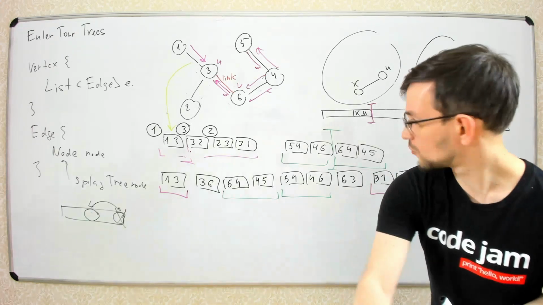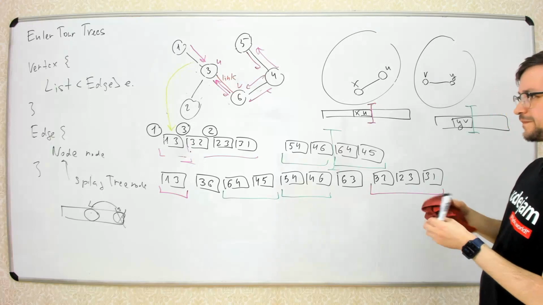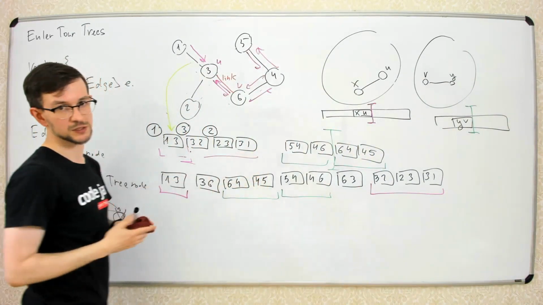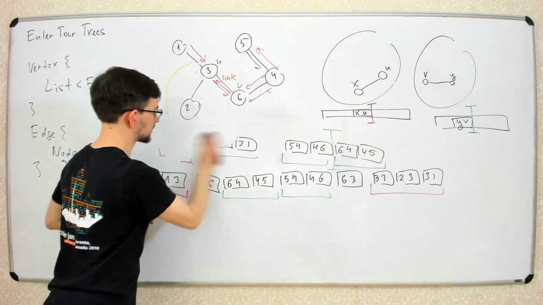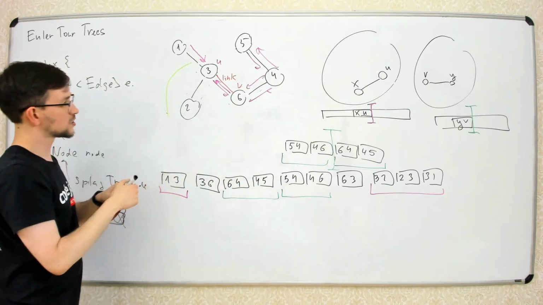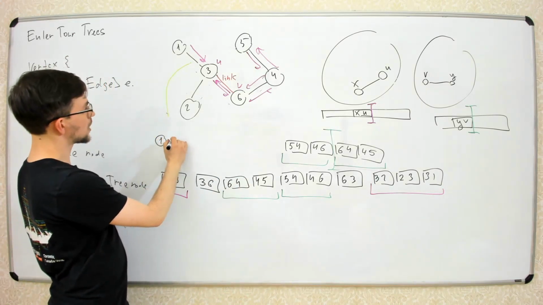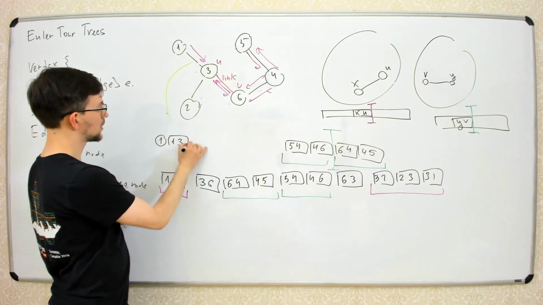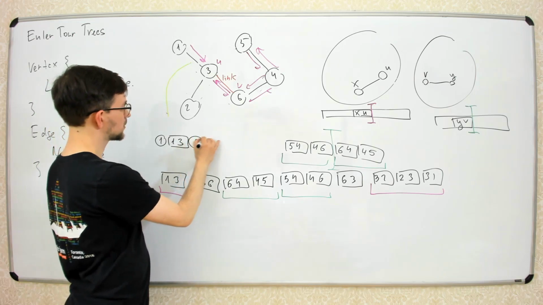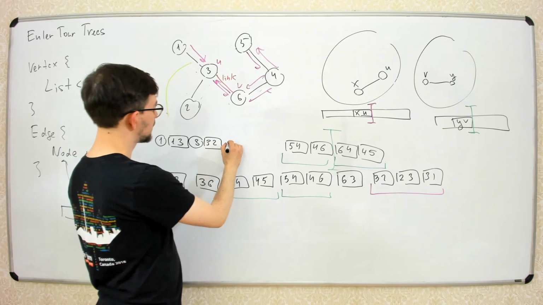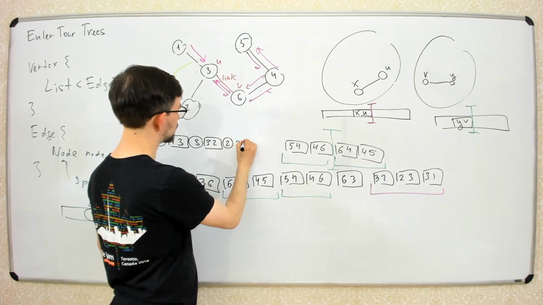So now instead of having these 4 elements, we'll have these 7 elements. So we have this list in this form. We have this 1, then 1, 3, then 3, then 3, 2, then 2, then 2, 3.